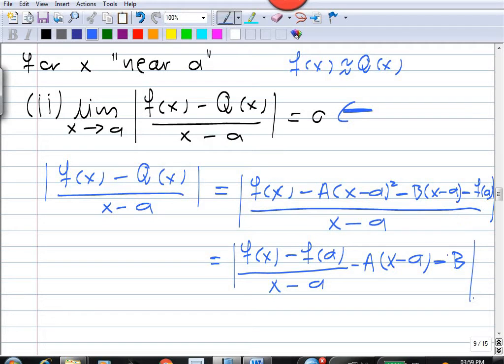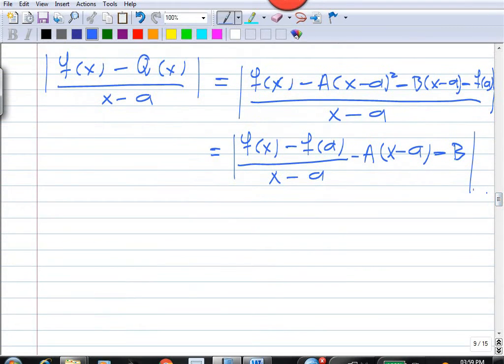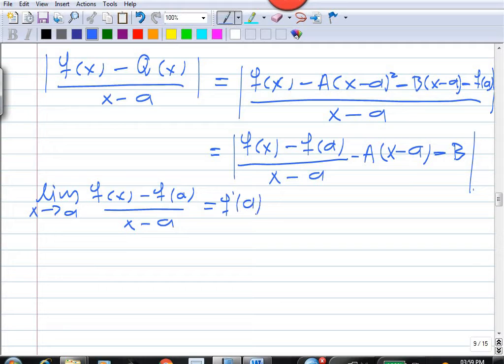We rearrange and simplify, and we get f of x minus f of a over x minus a, minus b. And now again, we know what this limit is. Limit x goes to a, f of x minus f of a over x minus a. That's the derivative of f at a.